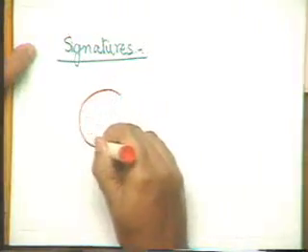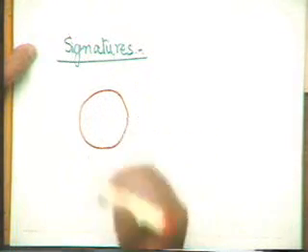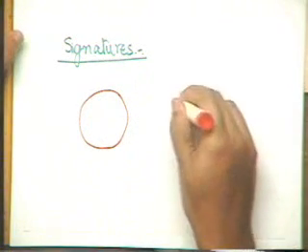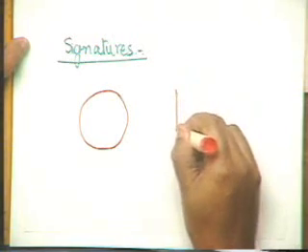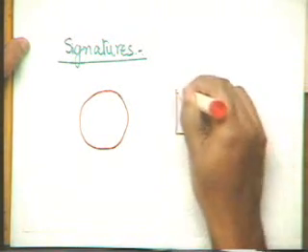Supposing we have, let us consider two different types of regions. One region is a circular region having a contour like this, and we have yet another region which is a square region like this.